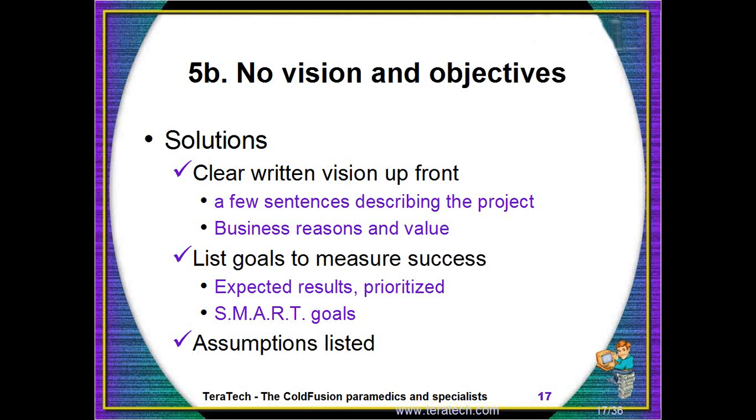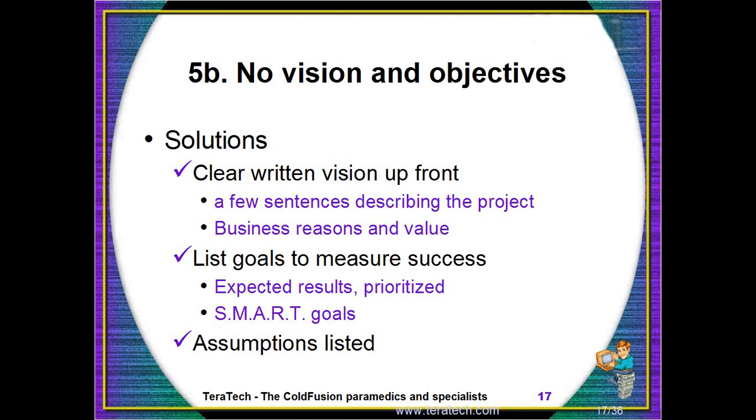Maybe you're assuming you're running on ColdFusion 9 against MySQL, or maybe against Oracle, or maybe you assume that some other piece of code is dealing with authentication, or perhaps you assume your users have some realistic test data that they're going to give you by a certain date. So listing out those things and making sure everyone on the team understands them is definitely very helpful.